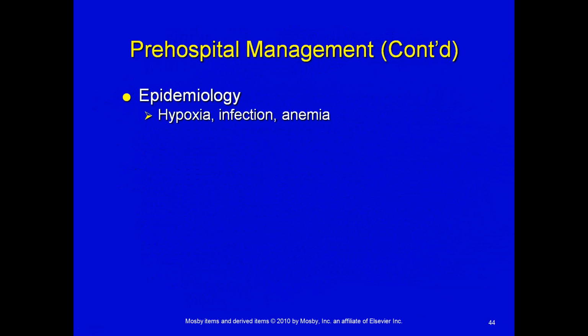So pulse oximetry is going to be a little misleading, because a pulse oximetry tells you the red cells that you have are saturated with oxygen. It doesn't tell you how many red cells you have. So a person could be really anemic and have a great pulse ox reading.